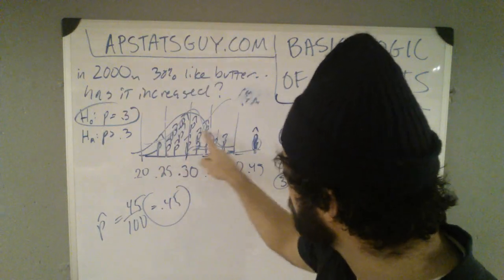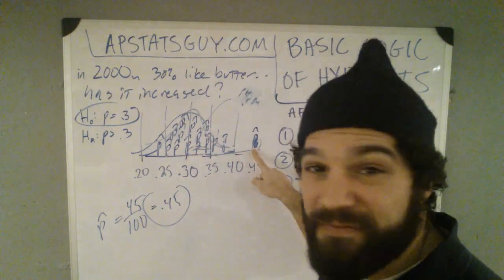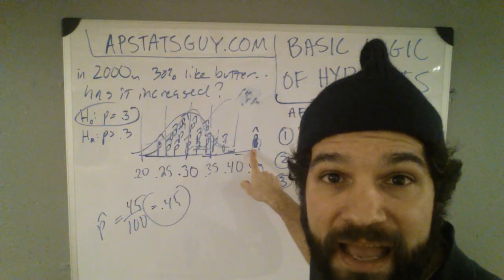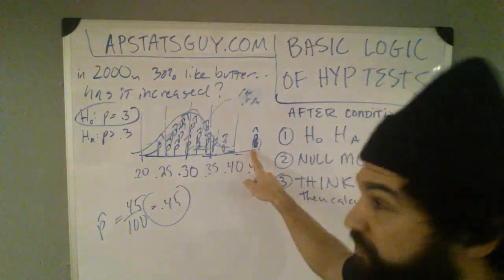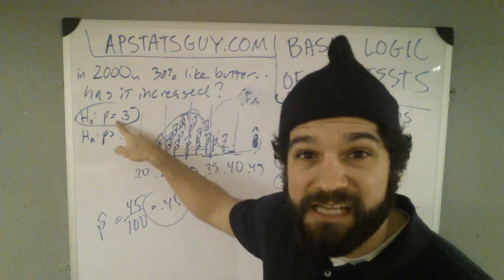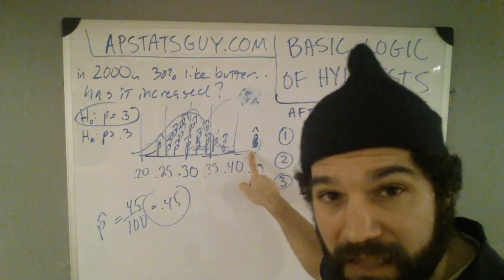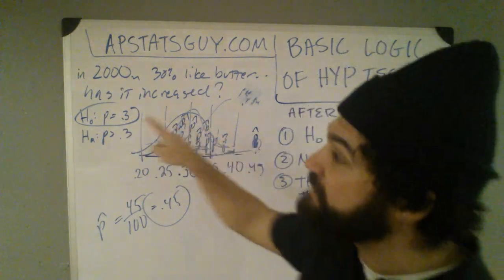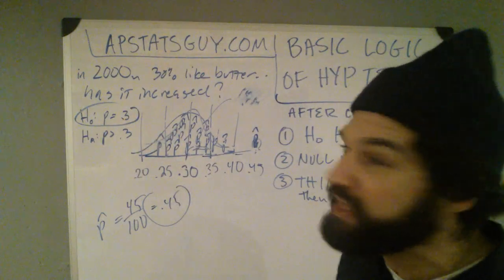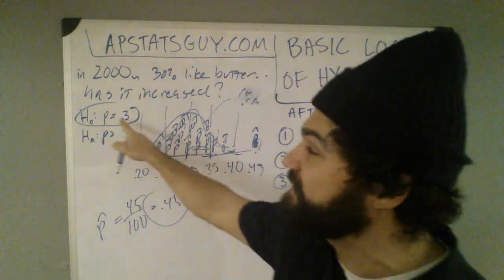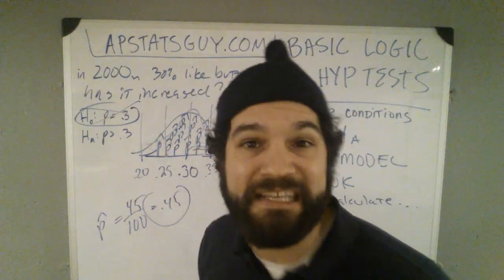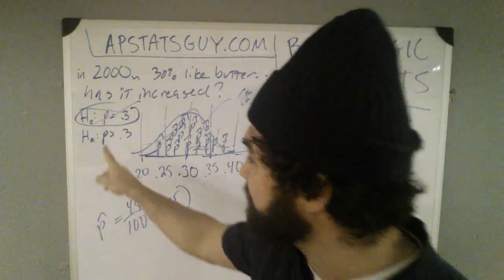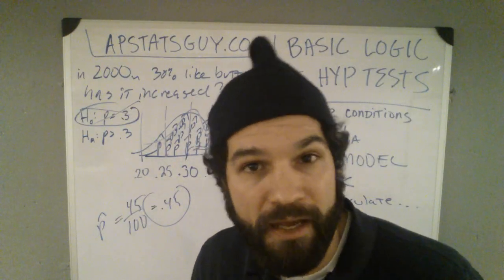And you go, whoa, that's very unlikely to happen randomly if the null were true. As a matter of fact, that's so unlikely to have happened randomly if the null were true that I don't think it was randomly happening with this true null. I think the null was false. I think that more people do like butter now.